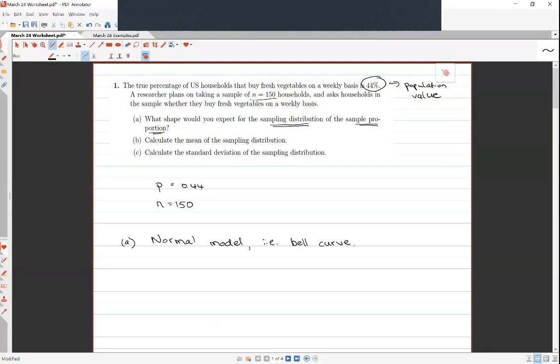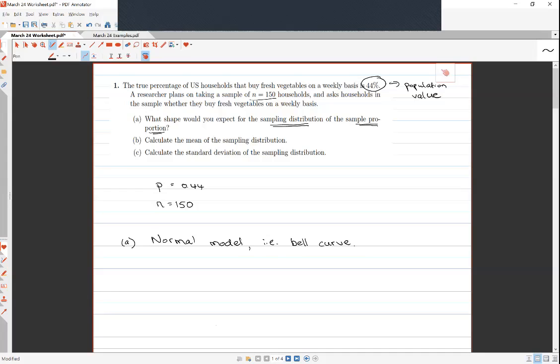Maybe a good way to think about this is I send out every single person in class and tell you, go and take a sample of 150 households. Figure out what proportion of them buy fresh vegetables on a weekly basis. Then some of you may come back with a proportion of 40%, some of you may come back with a proportion of 50%, maybe someone comes back with a proportion of only 32%.